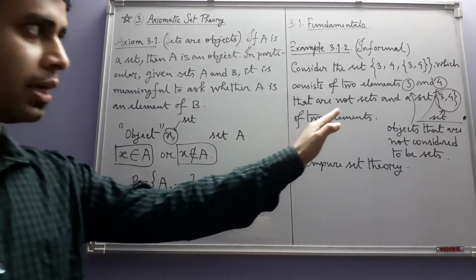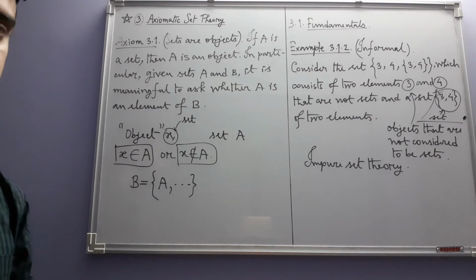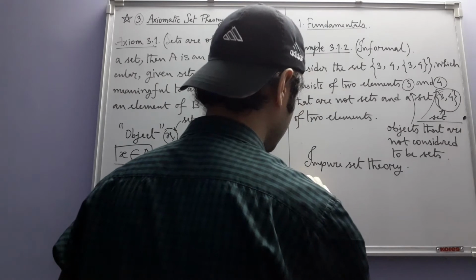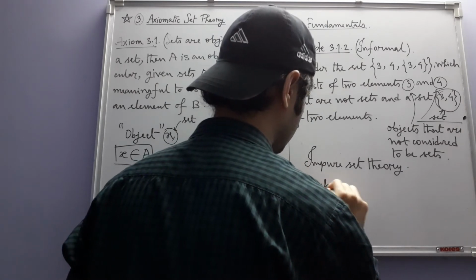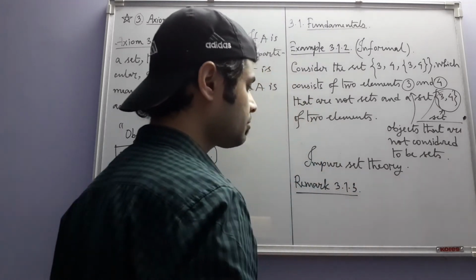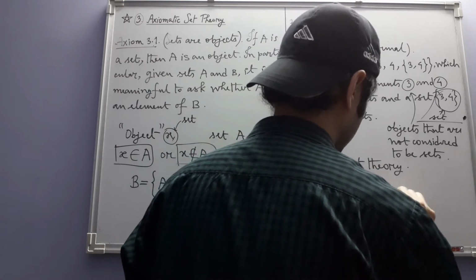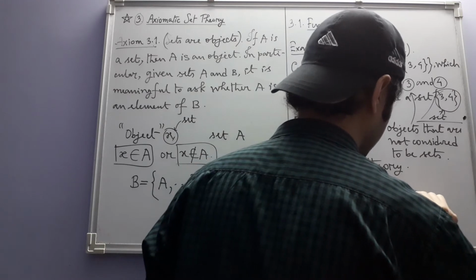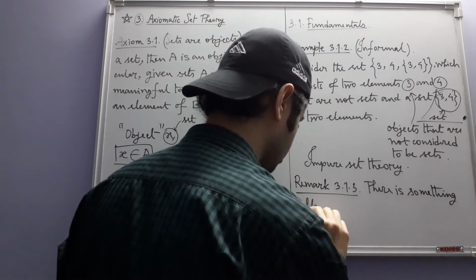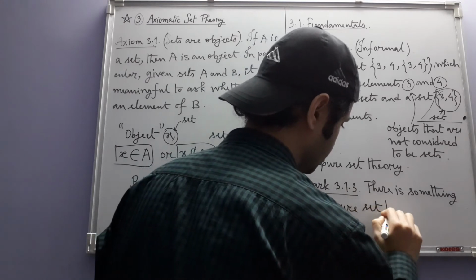That is, even numbers are modeled using sets, or numbers are defined using sets. So there comes the next remark. Remark 3.1.3. What this remark says is that there is something called pure set theory.